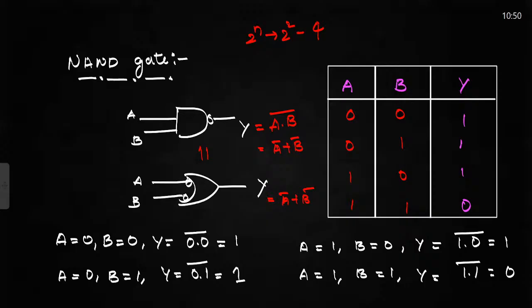Now there is an important concept here, that is to verify the commutative and associative law. Up to now, what we have learned, that is basic gates and arithmetic gates, both commutative law and associative law are applicable. But for NAND and NOR gates, one of them is not applicable. So we will verify that.